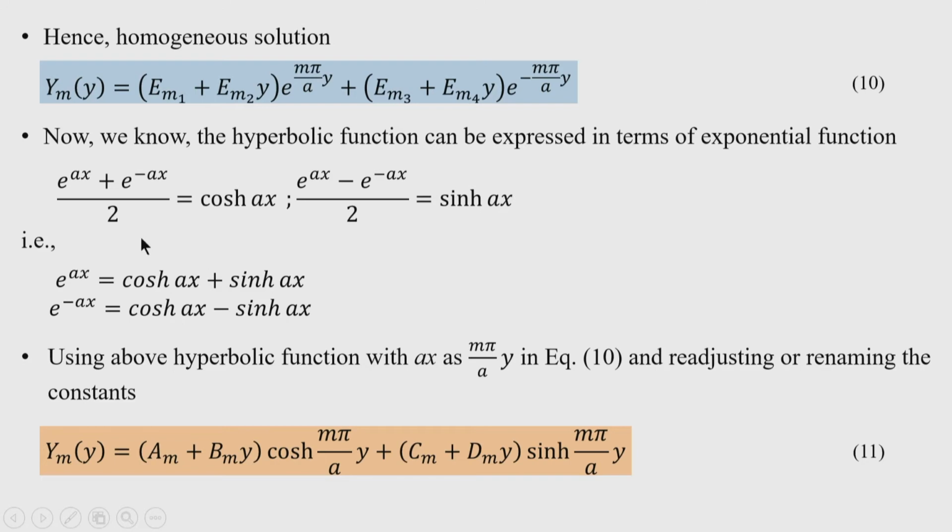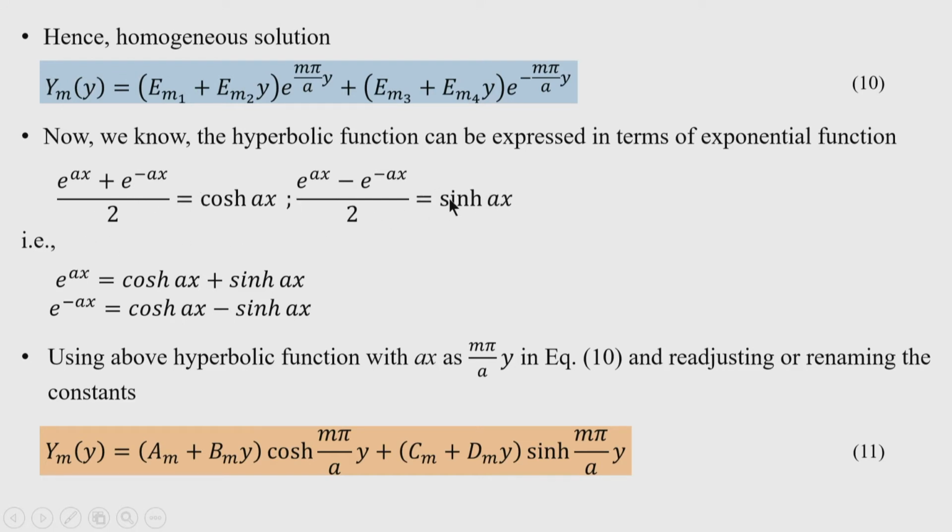So, you can see now if I add these two, I can get e to the power a x. So, adding these two, e to the power a x plus e to the power minus a x equals 2 cos hyperbolic a x, and e to the power a x minus e to the power minus a x equals 2 sin hyperbolic a x.